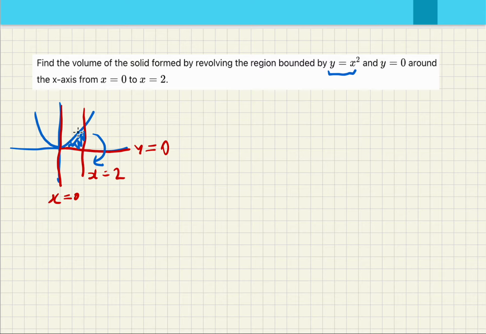So it's a cone, but you can also call it a cylinder, right? You can use the formula for a cylinder in this case as well to find the volume of such an object, right? Because it's a cylinder. And the volume of a cylinder is, if you remember, pi r squared h.